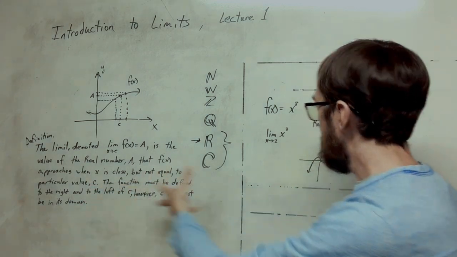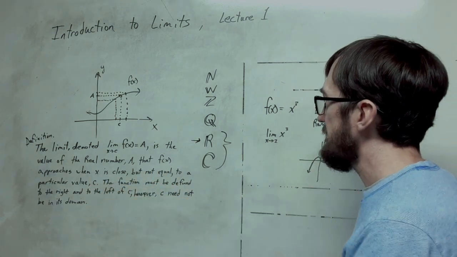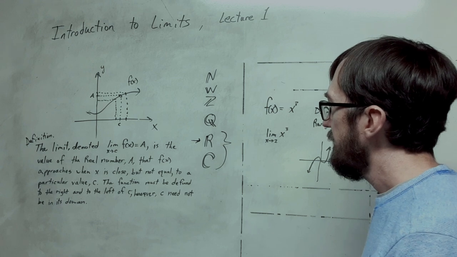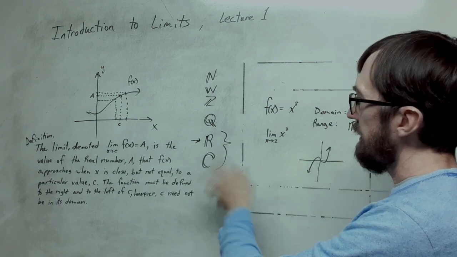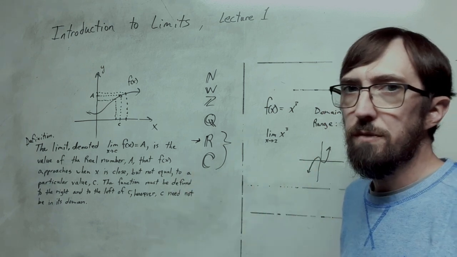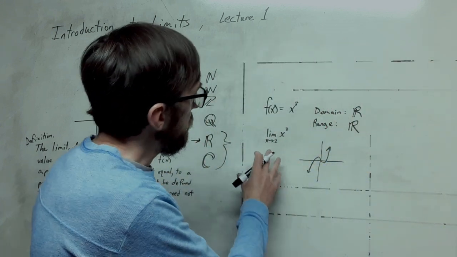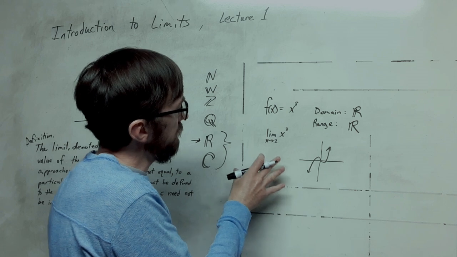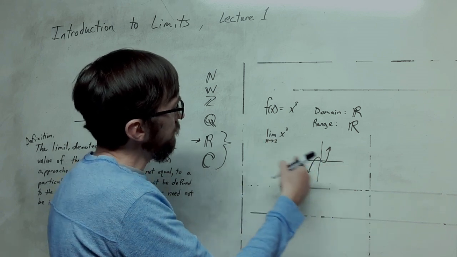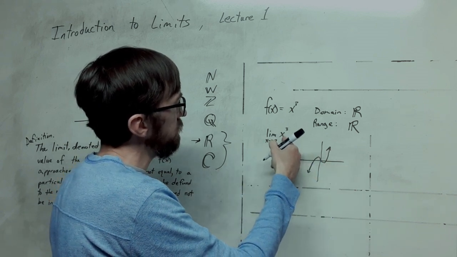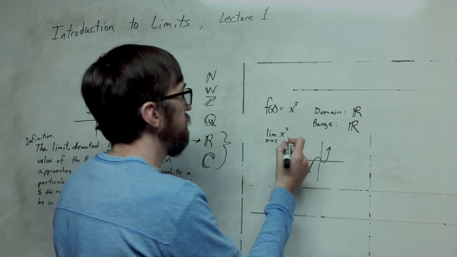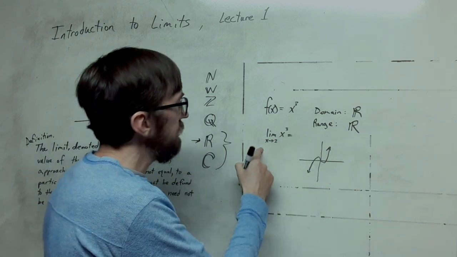Our c value, which is 2 in this case, is a part of the domain. And then all values to the left and right of c are also going to be in this domain. So again, as I explained before, at this point we can just plug this value into the function, and that is going to be the limit of this.